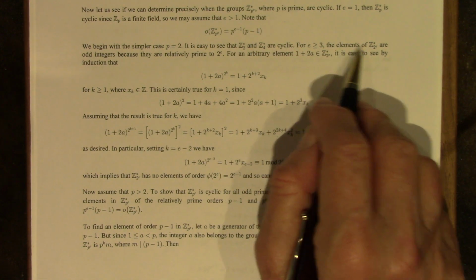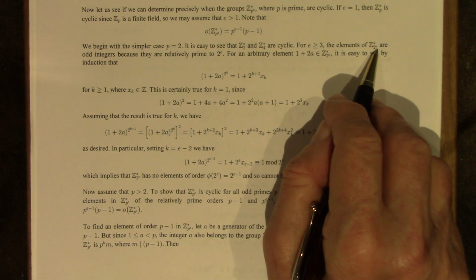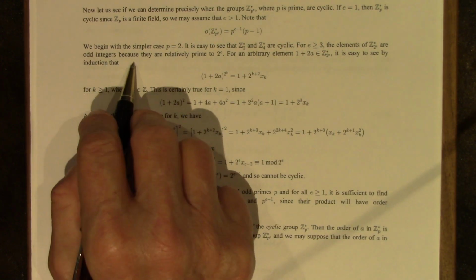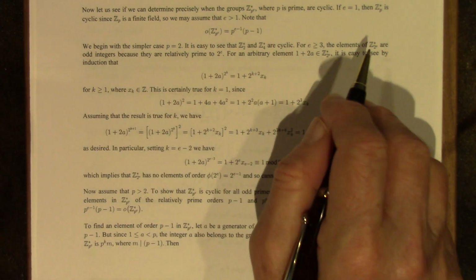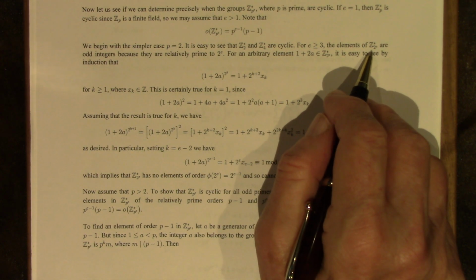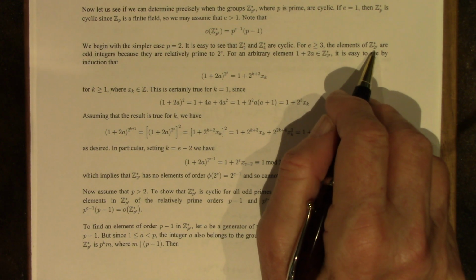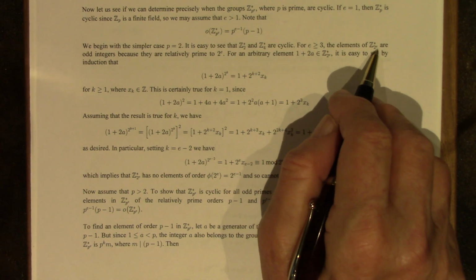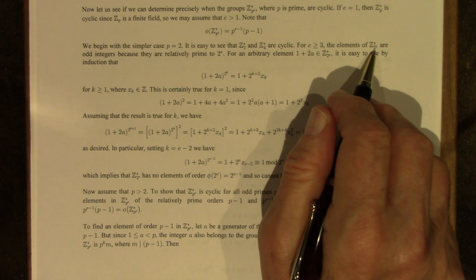Now the elements of Z_{2 to the e} star are actually odd integers, because by definition this group consists of the integers from 1 to 2 to the e minus 1 that are relatively prime to 2 to the e, which means they are not divisible by 2, so they're odd.